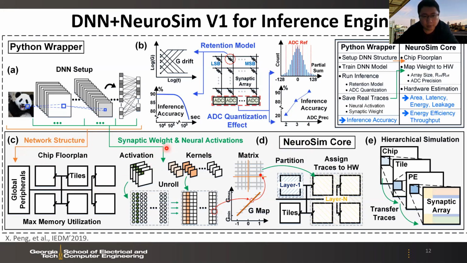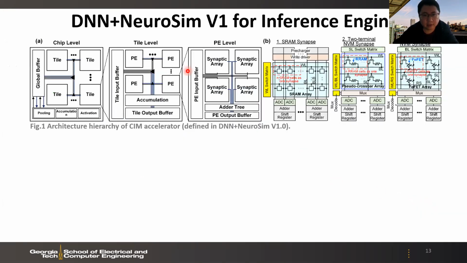And then we need to unroll the synaptic weights and neural activations into vectors and matrices. And then we need to do the real trace-based estimation of the energy and latency, depending on the real workloads. So here we have a hierarchical design at the chip level, tile level, PE level, and the synaptic array level. I will elaborate more in the next slide.